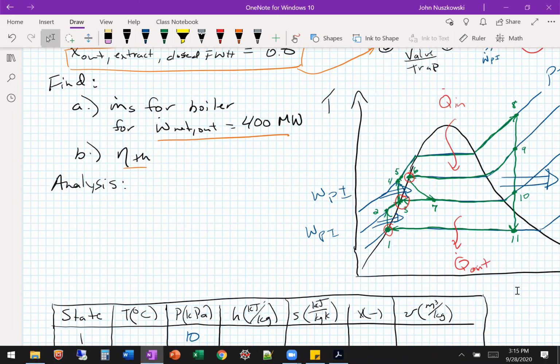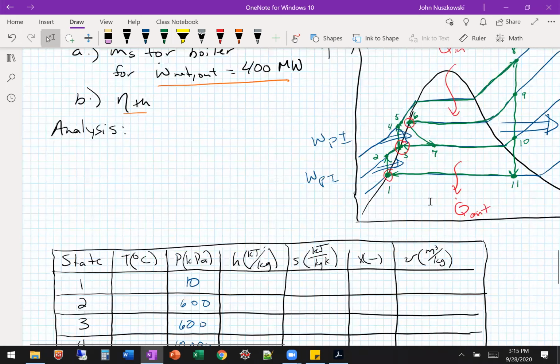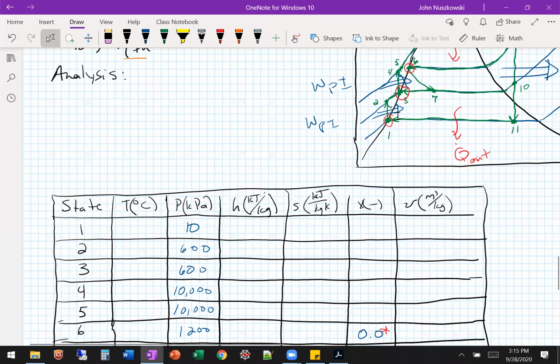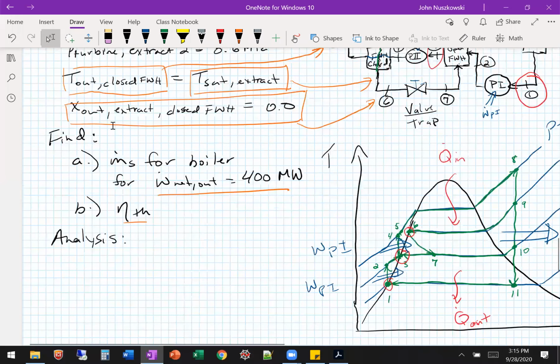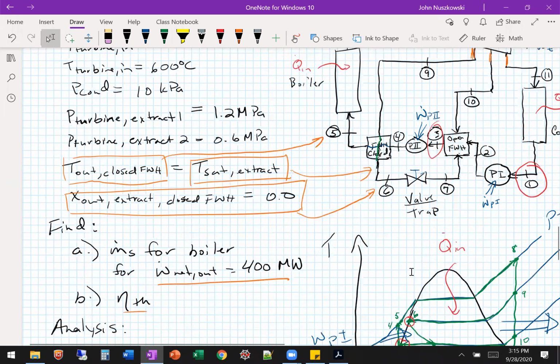So 1, 3, and 6 are all a quality of 0. Only 6 was given specifically in the problem, but 1 and 3 are inlets to the pump, and it's a Rankine cycle, so we have a quality of 0 there. Okay.